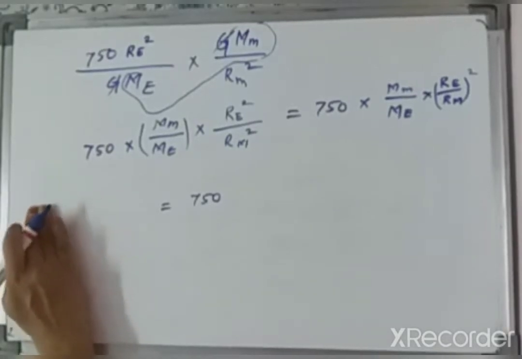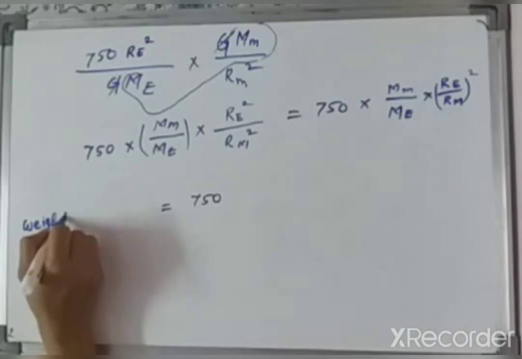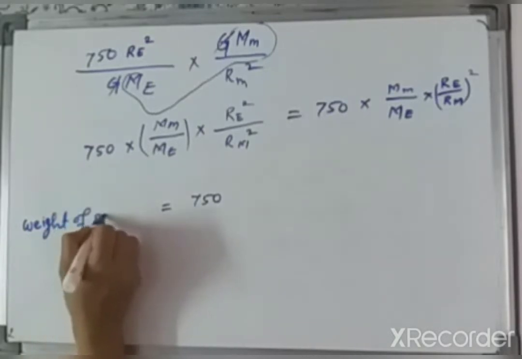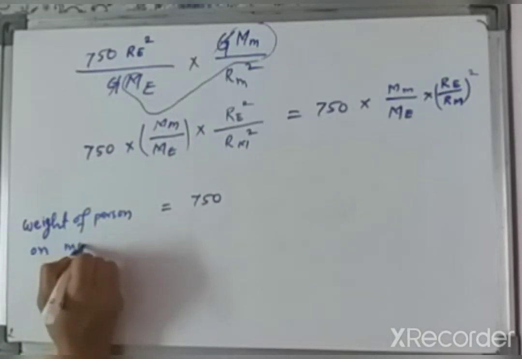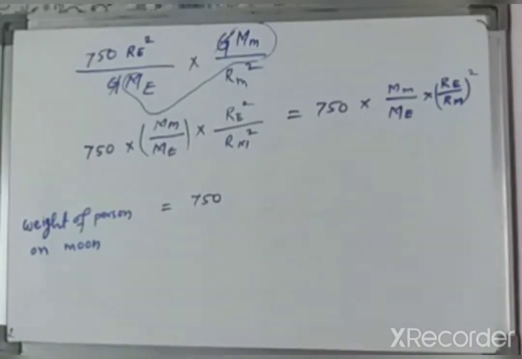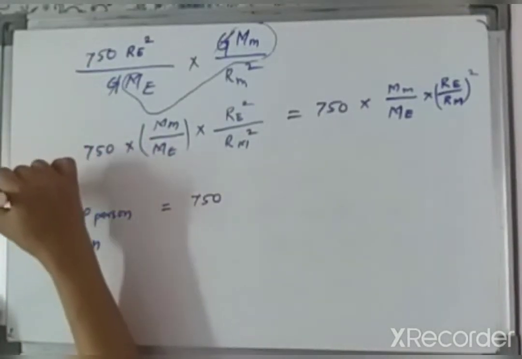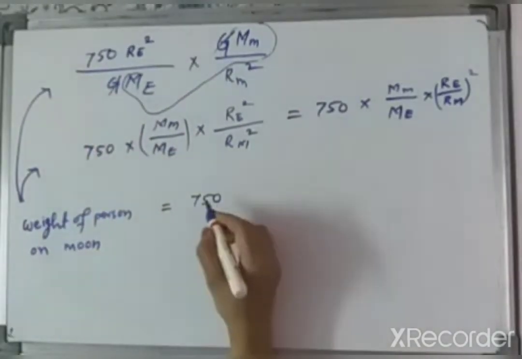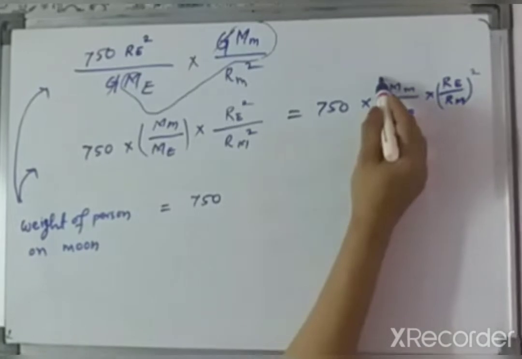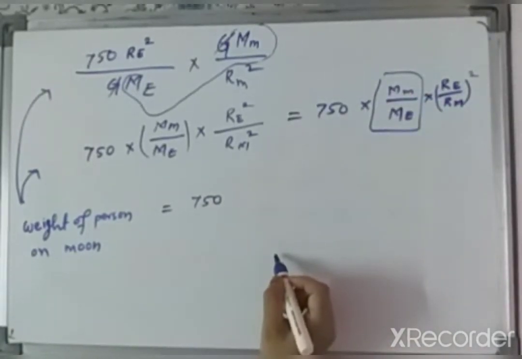The next is, here this is the weight of person on moon. Take a little recap of the last expression. This is the value of weight of person on moon, which we have substituted. So 750. What is this ratio from the given data?